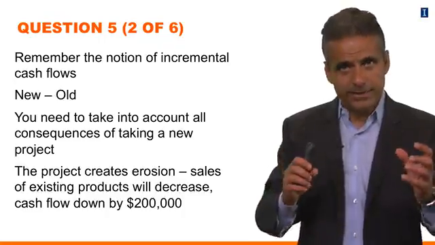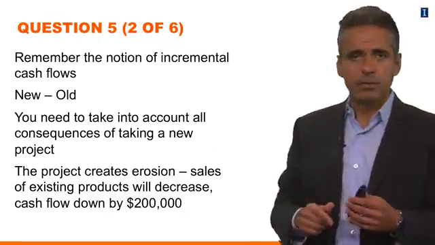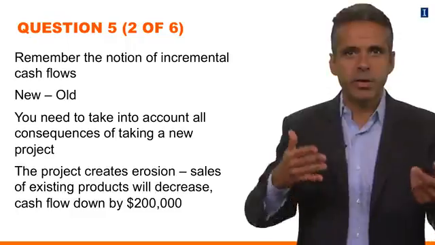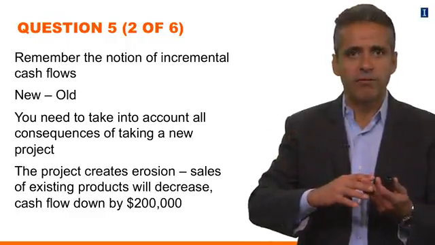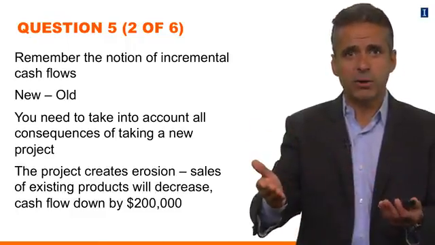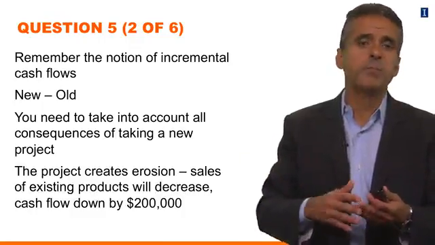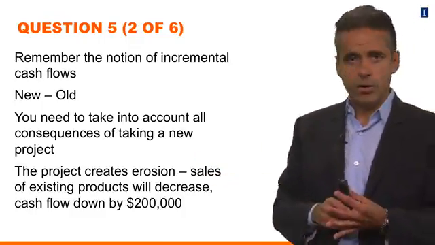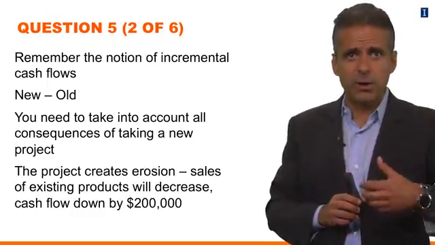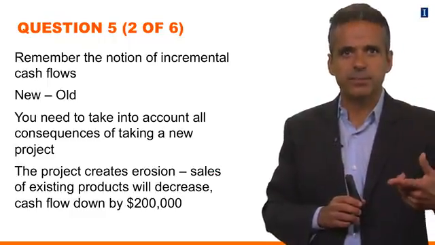This particular exercise is talking about erosion, which is a very common consequence of starting a new project in a company. If a company starts a related project, or if you improve an existing project, you're creating new cash flows, but you're also reducing sales of existing products.